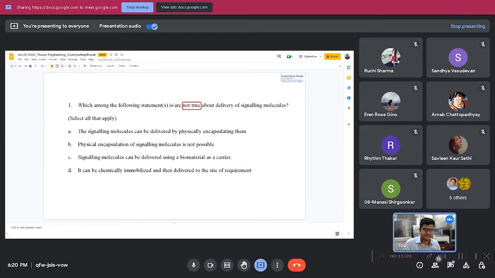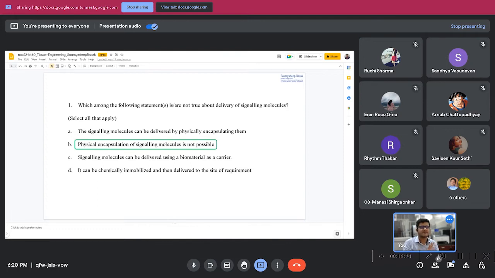B says the physical encapsulation of the signaling molecules is not possible. C says signaling molecules can be delivered using a biomaterial as a carrier, and D says they can be chemically immobilized and then delivered to the site of requirement. So what would be the correct option?